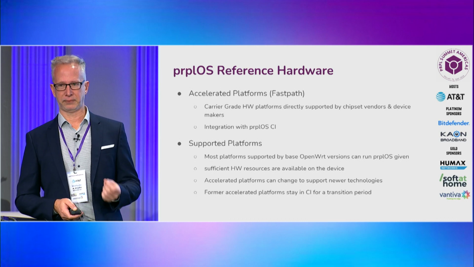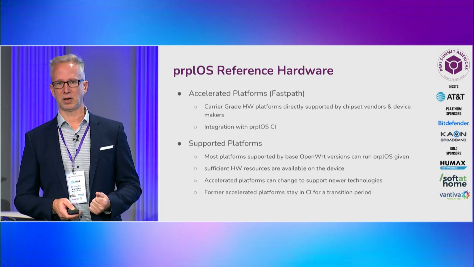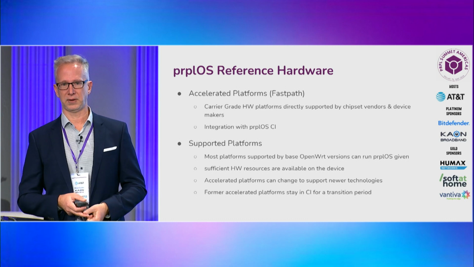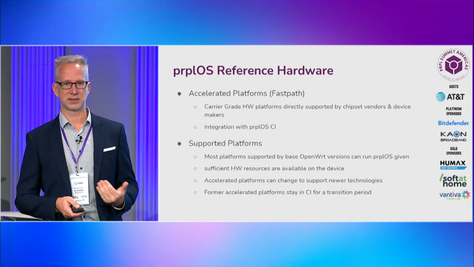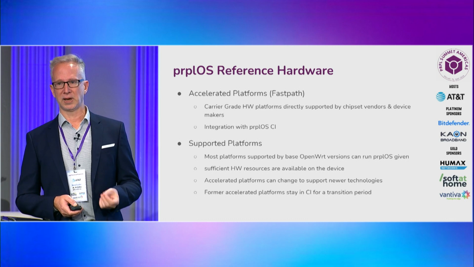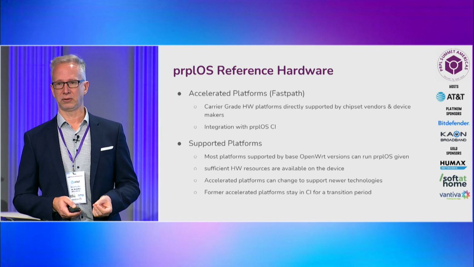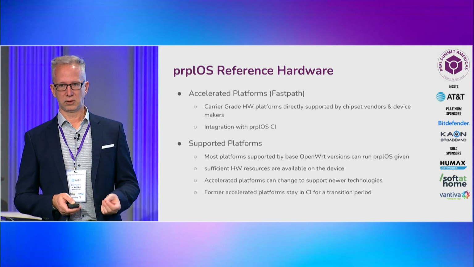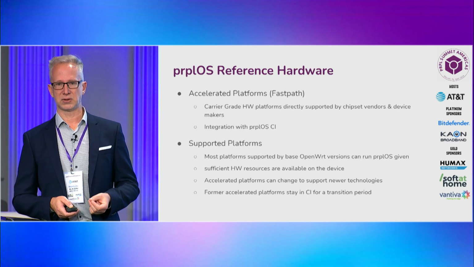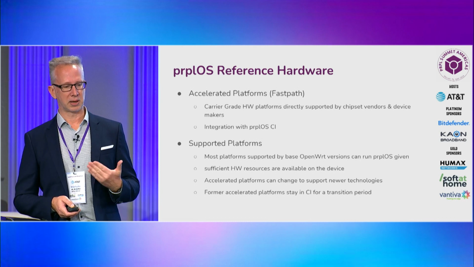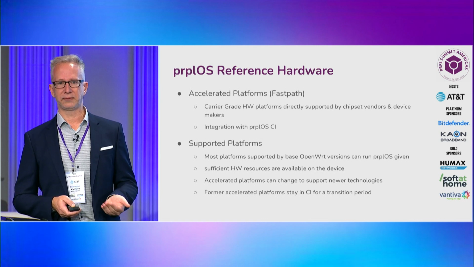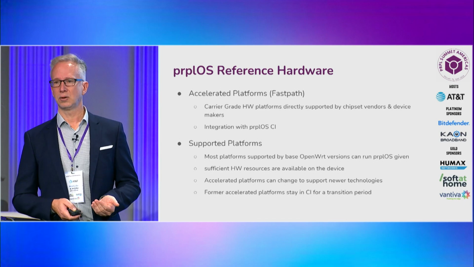And those platforms are carrier-grade hardware, so they come with all the interfaces carrier box needs in the field. And we get direct support from the chipset vendors and the device makers to do the software adjustments needed to run prplOS. And those platforms also get integrated with the prplOS continuous integration.